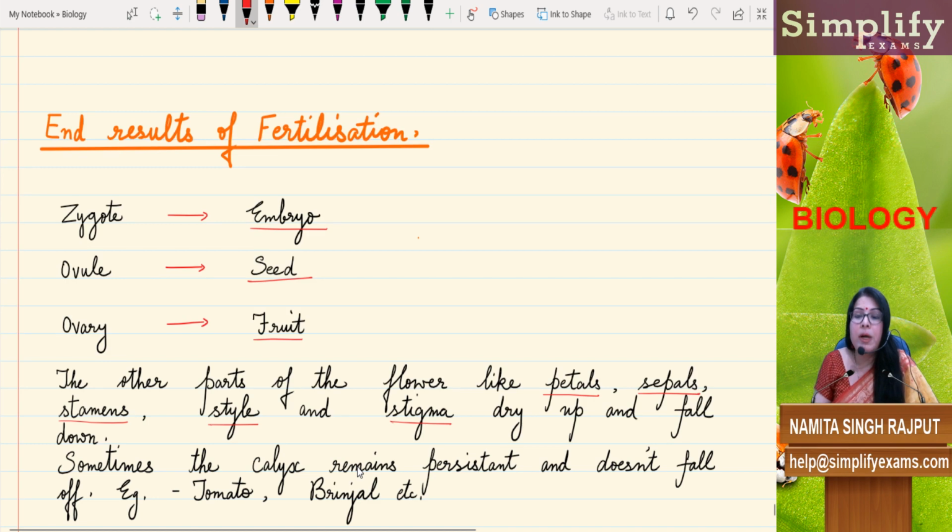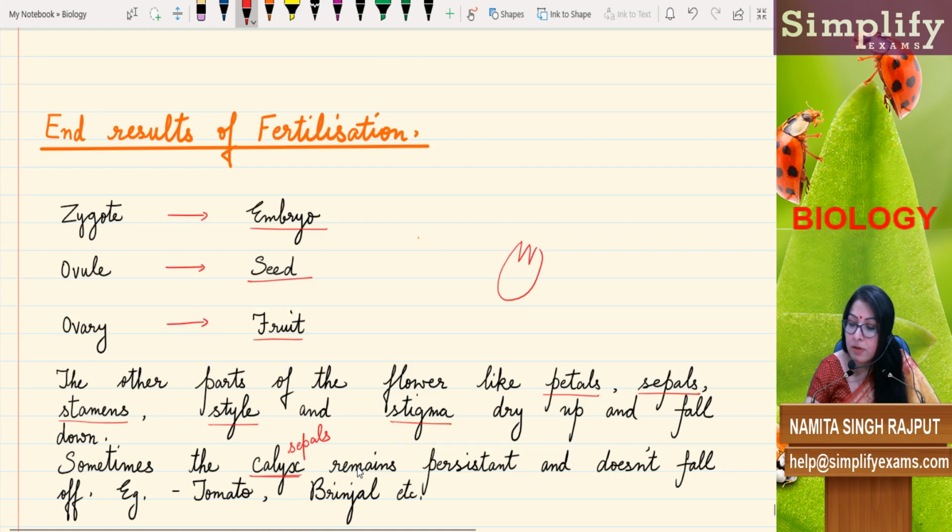In some plants, sometimes the calyx, that is the sepals, remains. The calyx remains persistent and doesn't fall off. Such a phenomenon is seen in tomato and brinjal. You've seen the brinjal, it has that cap, which is the remaining calyx. The brinjal is like this.